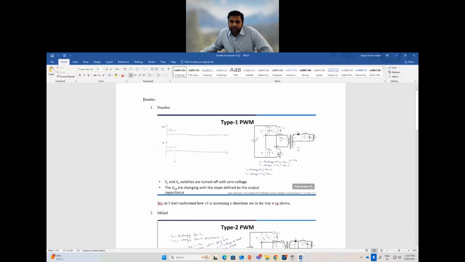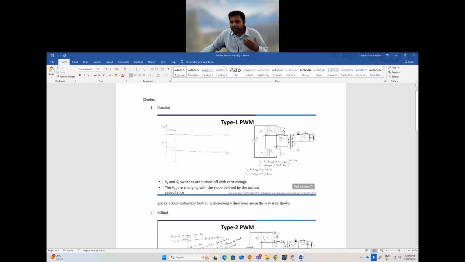C3 is already charged, so D3 is already reverse biased, while in the bottom switch C4 is not charged up, it is 0 voltage, but the current direction is such that it cannot flow from the diode D4. So the only option which the current has is to find a pathway through C4 and C3 capacitance.